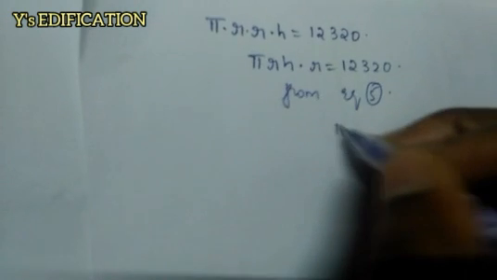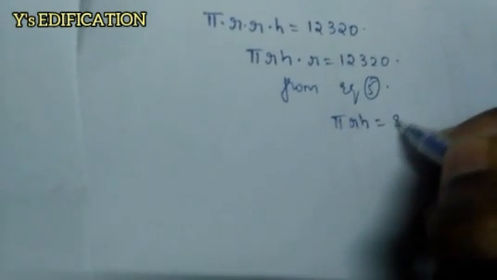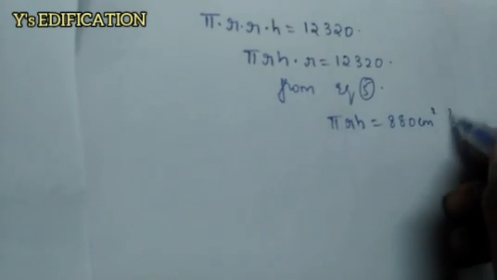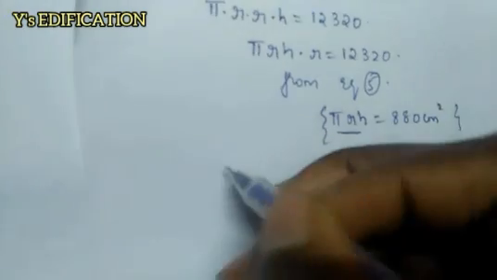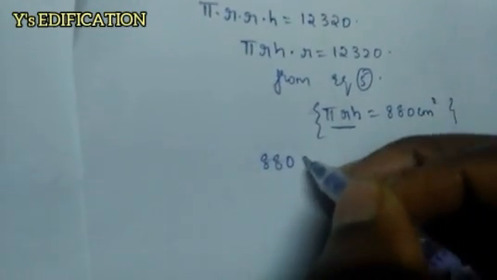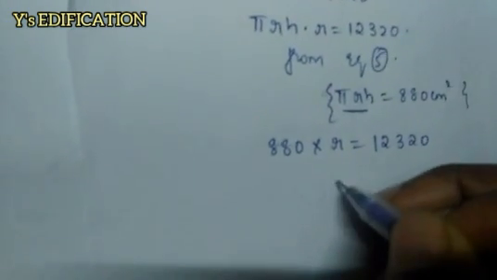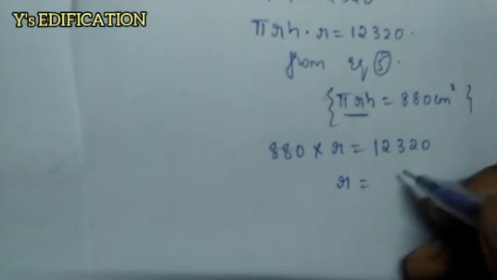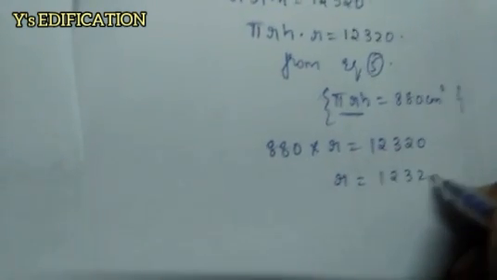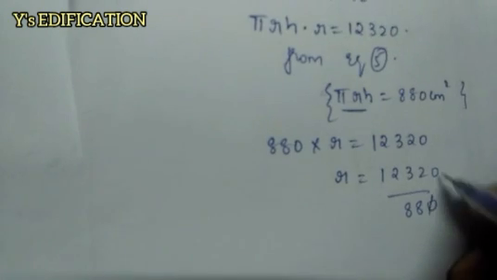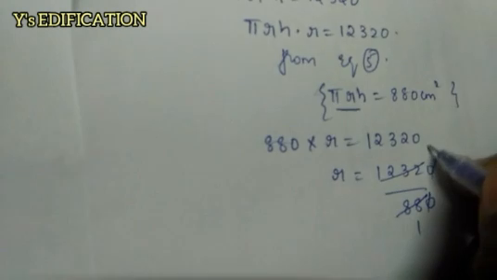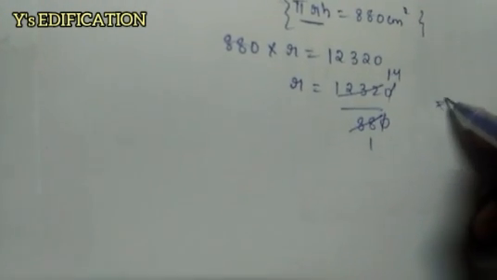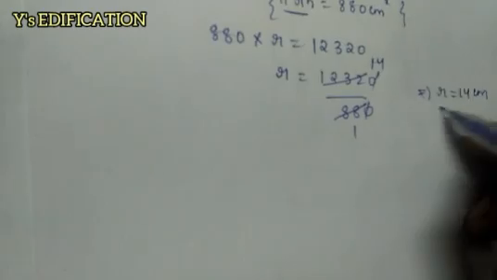From equation 5, pi r h is equal to 880 centimeter square. So we have to substitute this pi r h with this. That means 880 into r is equal to 12,320. r is equal to 12,320 by 880. After cancellation we will get 88 into 1, 88 into 14. That means we will get the radius as 14 centimeters.